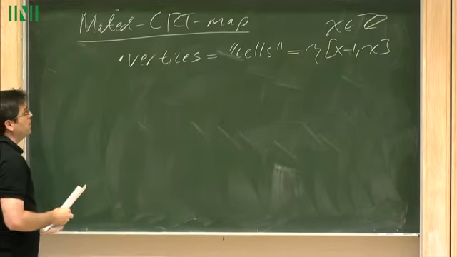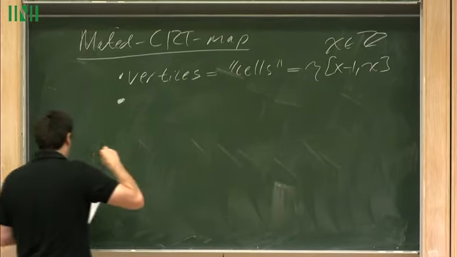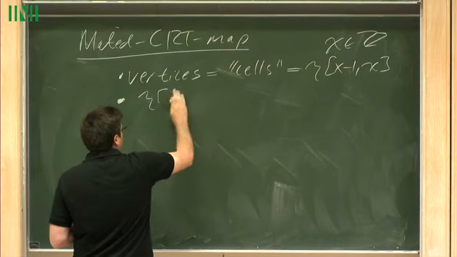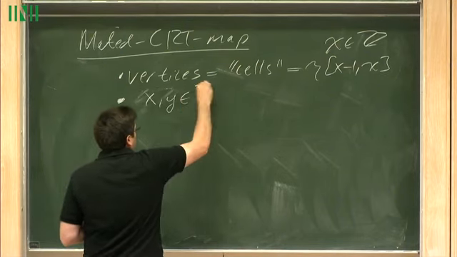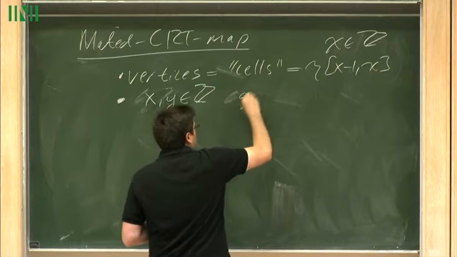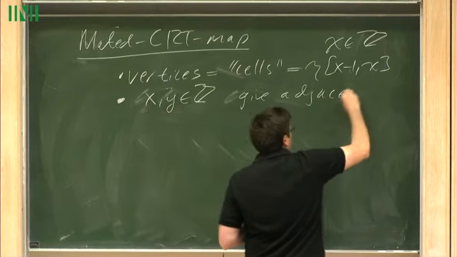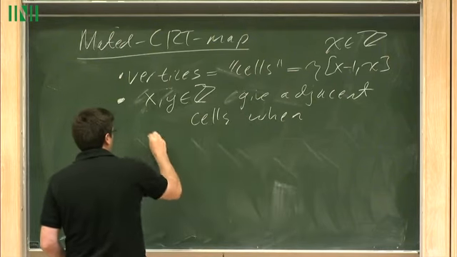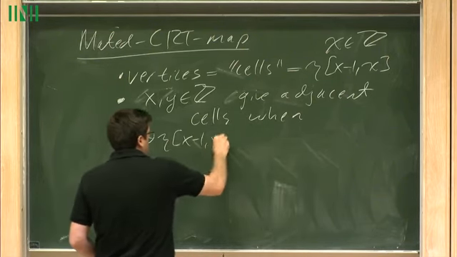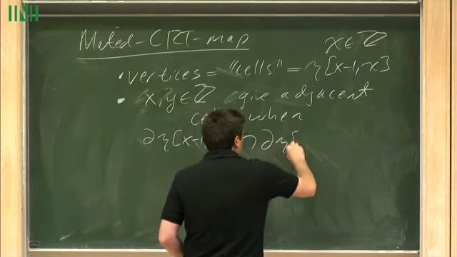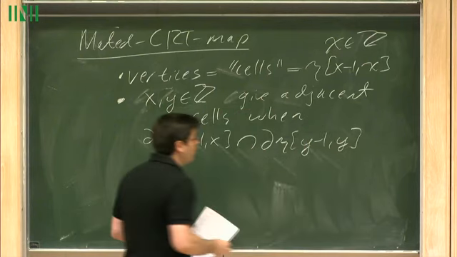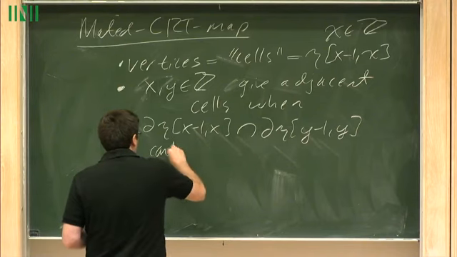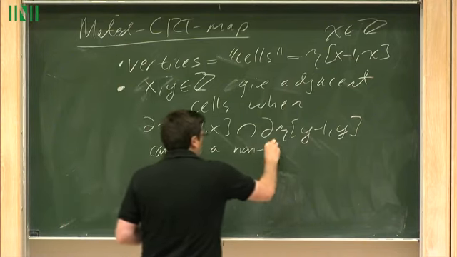Okay, and the adjacency relation in the mated CRT map tells you that cells which correspond to, let's say, times x and y, give adjacent cells when it's true that the boundary of one cell intersected with the boundary of the other cell contains a non-trivial boundary arc.